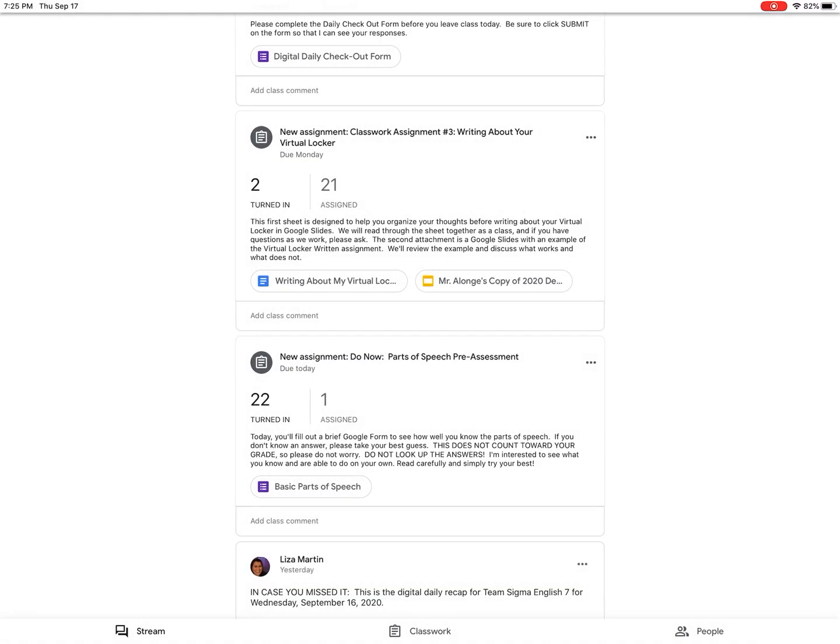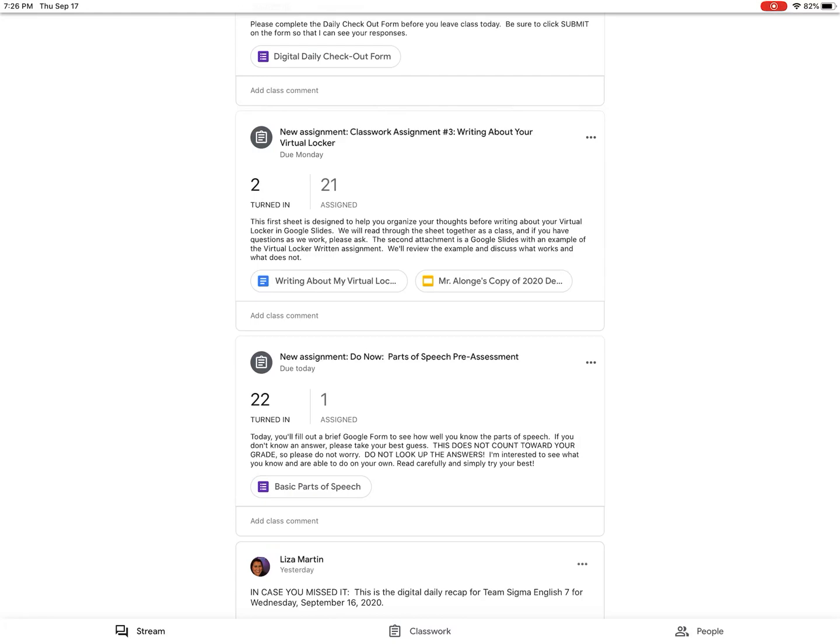The next item that we discussed was the summer reading assignment. The summer reading assignment was given out in June by the 6th grade teams, and the graphic organizer is due in class tomorrow. Now, as far as turning it in is concerned, if you ended up printing it and doing it on actual paper, you can photograph it or scan it with your cell phone and email it to me directly.